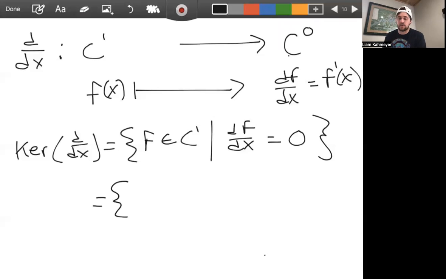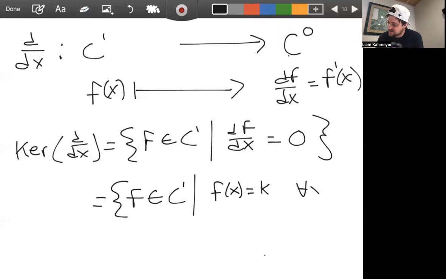So really, the kernel or the null space of the derivative is f in C1 such that f(x) equals k for k constant for all x, right? And so this would be the null space of the derivative. It's just going to be constant functions, right?